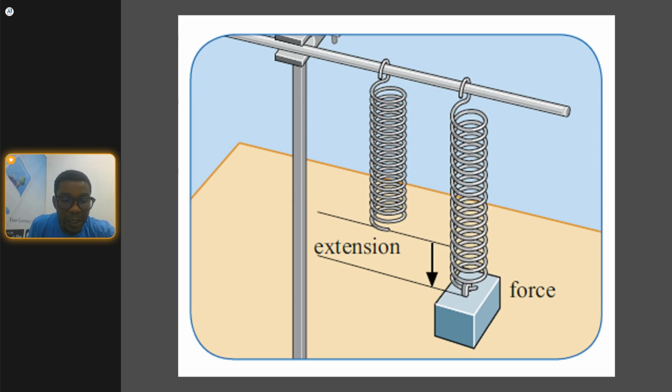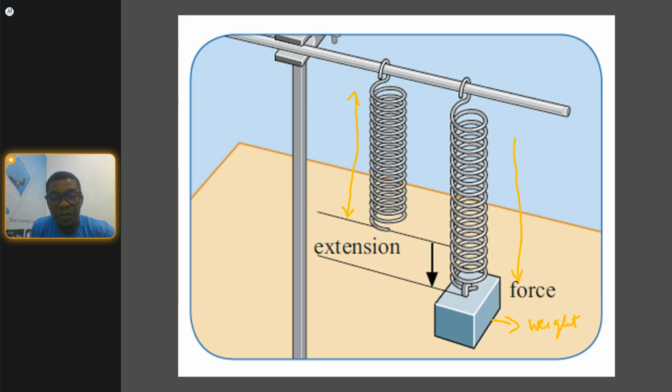Now looking at this diagram, this is the normal length of the spring. But when an external body, which is a force in the form of weights, was added, the spring stretched from the initial to the final length.